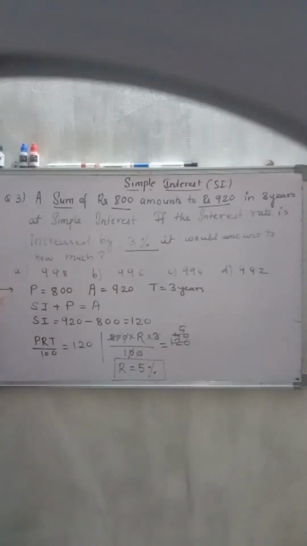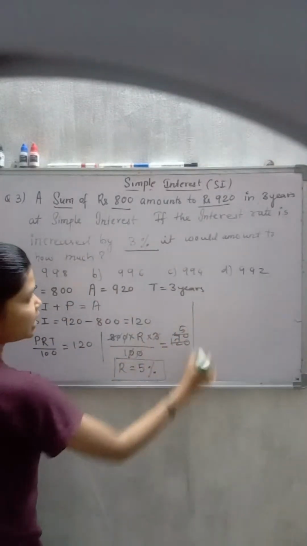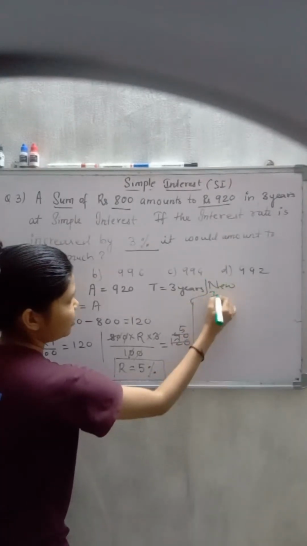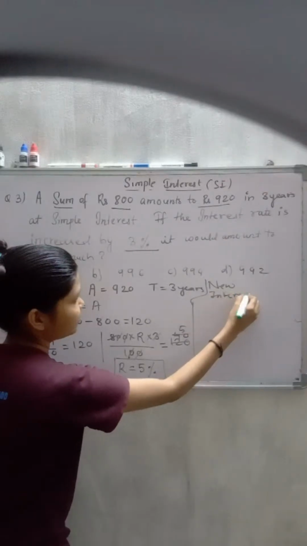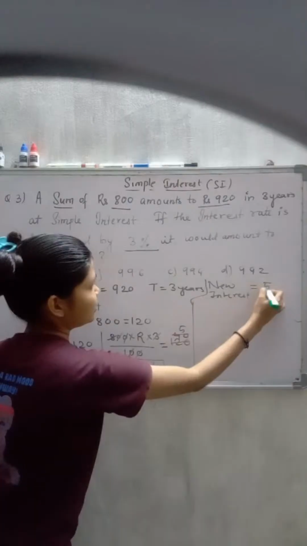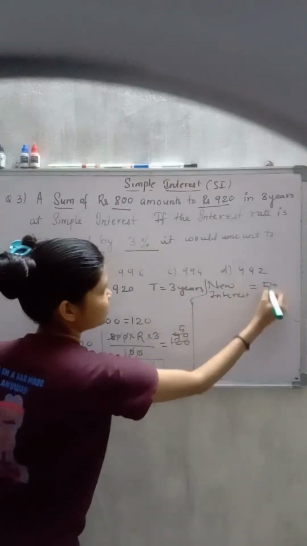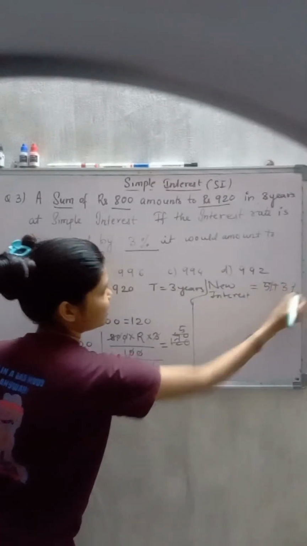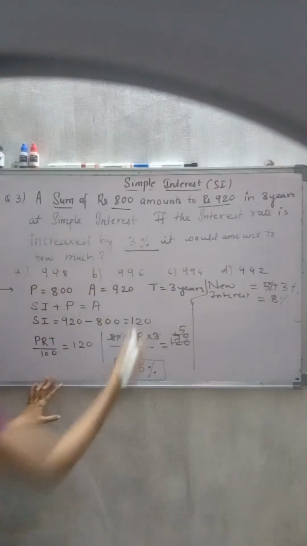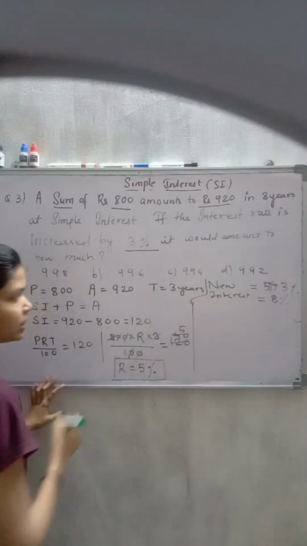So we want the new amount with a new interest rate, and the new interest rate will be how much? It will be increased by 3%, so new interest will be 8%. Time period will be the same, 3 years.